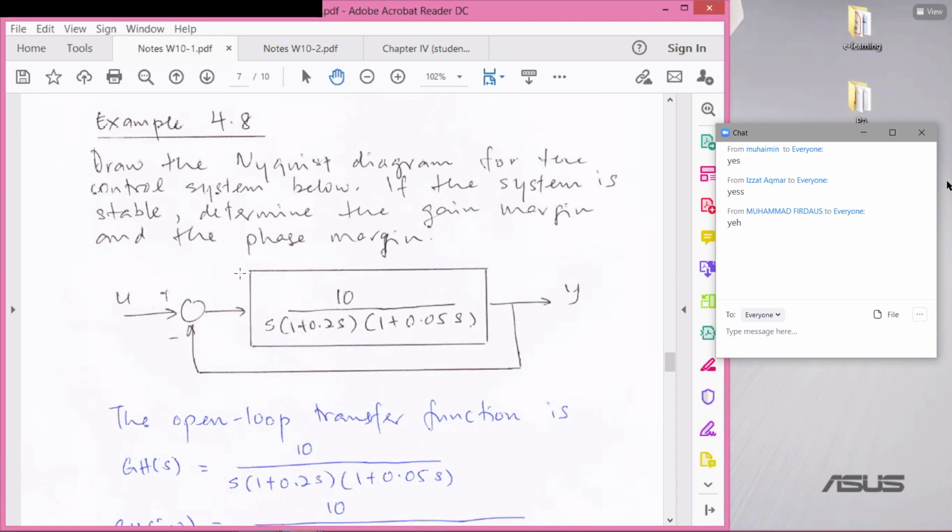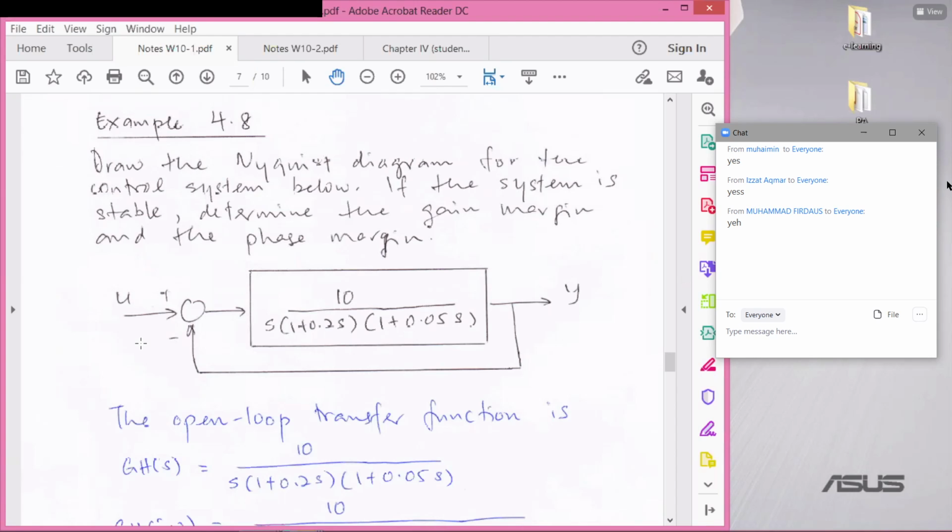There's another question in your final exam about frequency response analysis. Most of the time, the Nyquist diagram will be asked in your second test, so you can earn 10 marks out of it. And then in the final, probably there's another question on frequency response analysis, where you are going to draw the Bode diagram. The Nyquist diagram is going to be asked in your second test. I guess it's going to be soon.